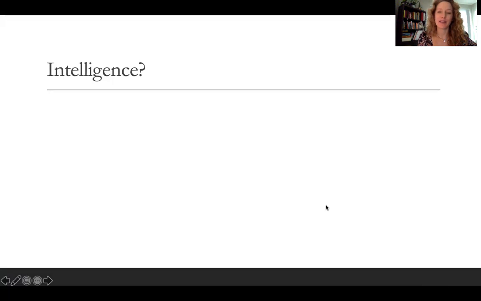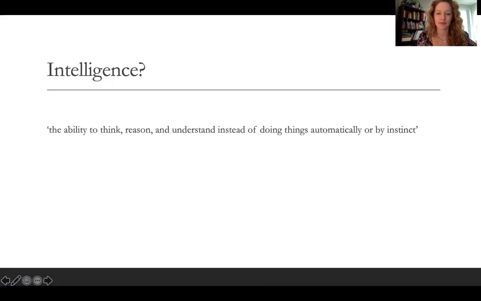So, what is intelligence? There is no agreed definition or one single model of intelligence, but by the Collins English Dictionary, intelligence is the ability to think, reason, and understand instead of doing things automatically or by instinct. So in this definition, the concepts of thinking, reasoning, and understanding are all emphasized.